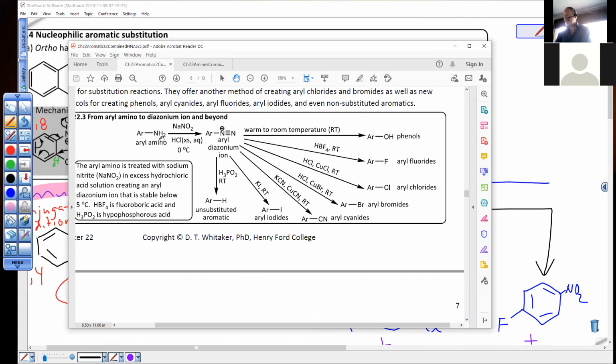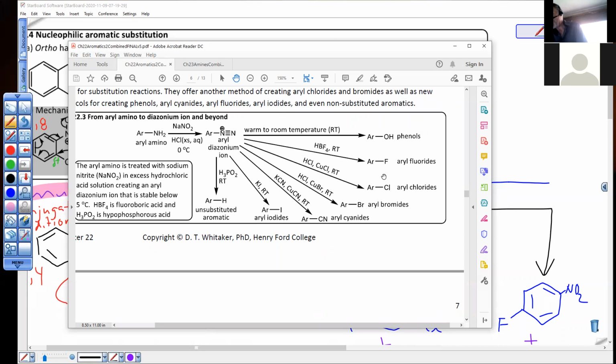I can't stress enough, getting here involves putting a nitro on first and then reducing it with one of our 4 methods we learned. Then you do this process to get to the diazonium ion. Then you do this process with room temperature and fluoroboric acid to get the fluorine.